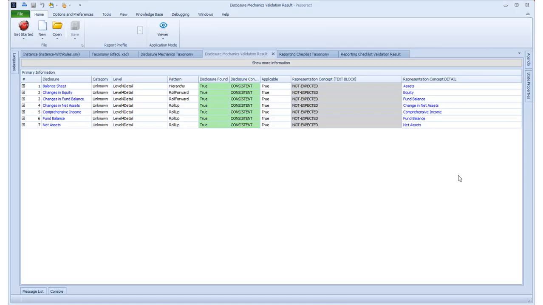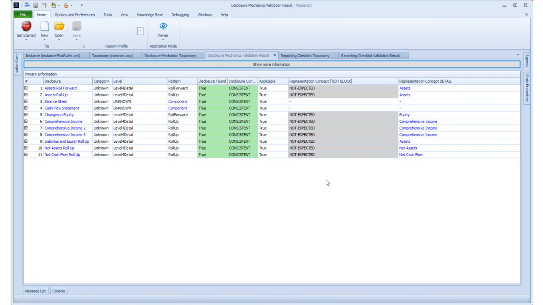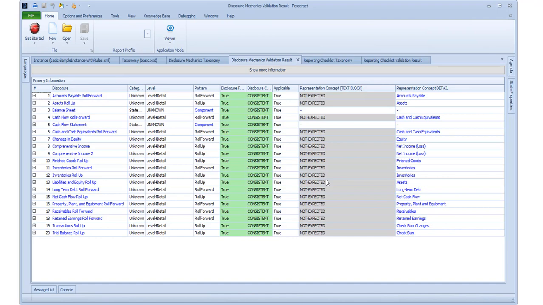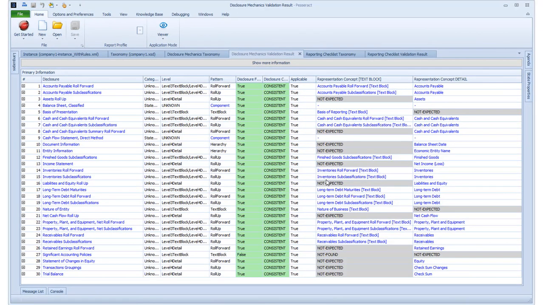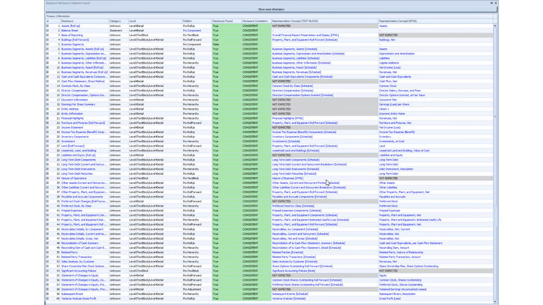I showed you a simple example, but it works for bigger examples, and bigger examples, and big reports also. This is half the size of a typical SEC filing.